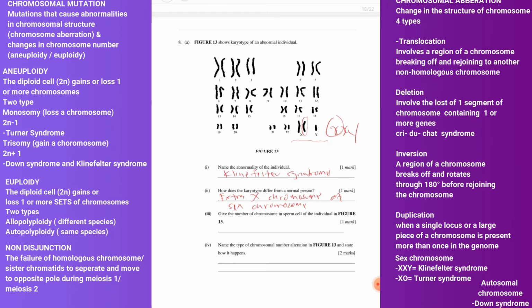Give the number of chromosomes in a sperm cell of the individual in figure 13. A normal sperm cell is n.